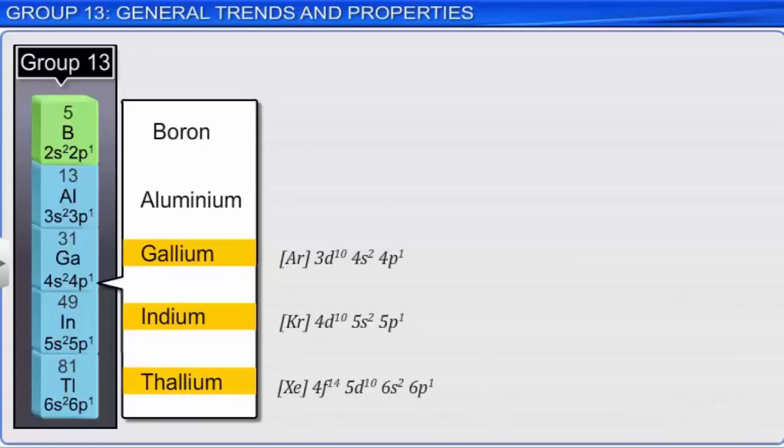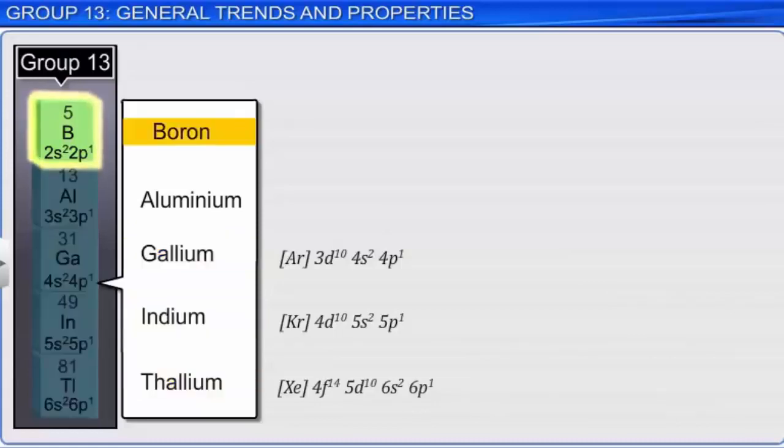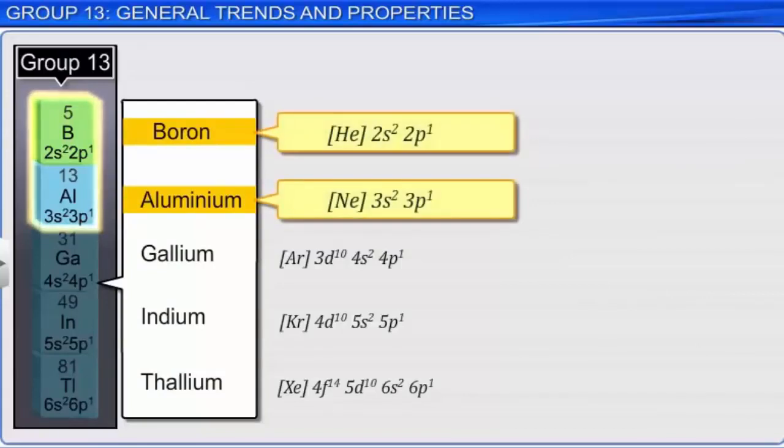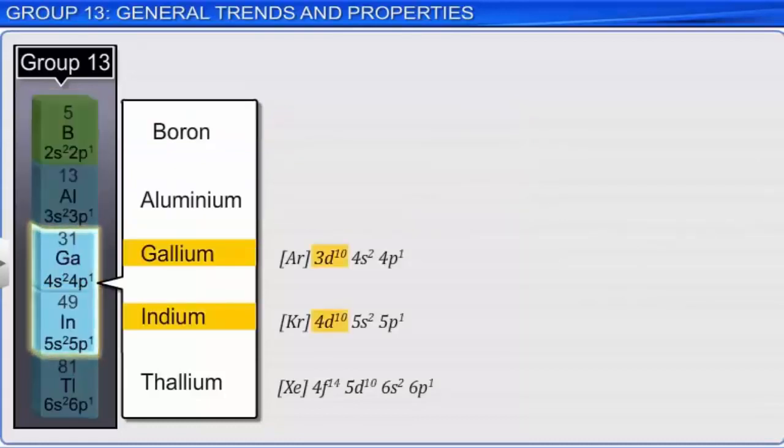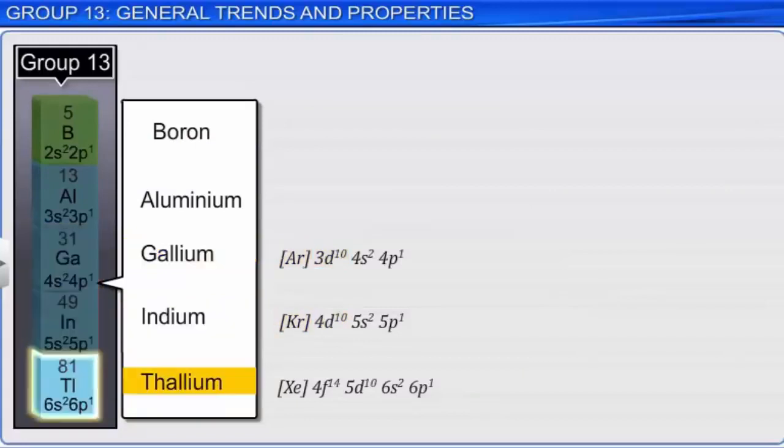This complexity affects the chemistry of this group. While boron and aluminium have core configurations identical to the nearest noble gases, as we saw just now, gallium and indium have 10 d electrons in addition to the noble gas core. Thallium has 14 f electrons plus 10 d electrons in addition to the noble gas core.